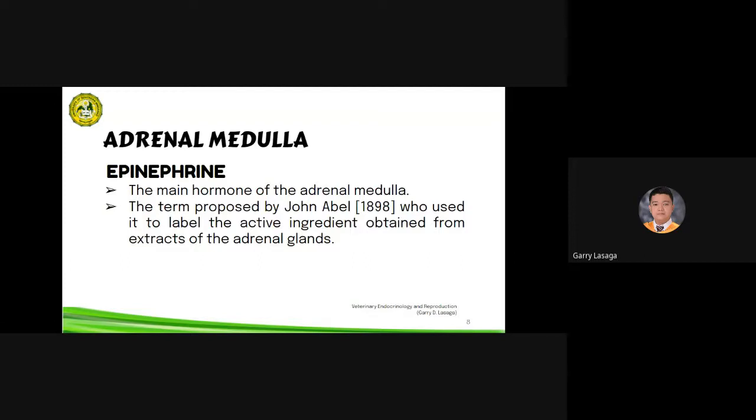When he used that in animals, he found that the ingredient can increase the heart rate of the tested animal. So he is the one that proposed or coined the term epinephrine.